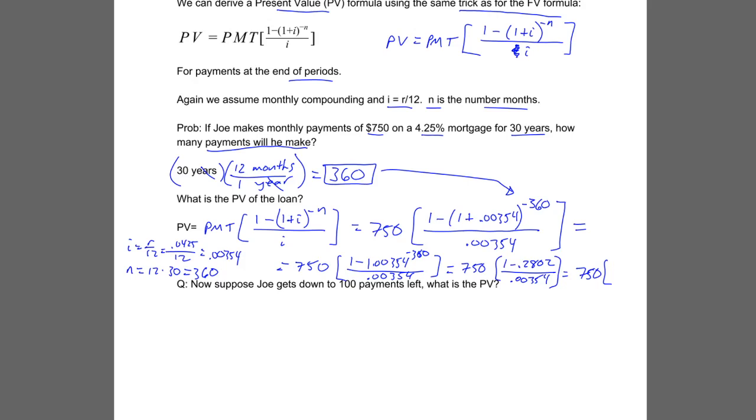If you left everything in the calculator and did it just right, you'll get a little more precise answer than mine. But I'm rounding here in the calculator so that all my numbers match up in case you want to recheck any one step. And so divide those two, and we'll have 750 times whatever that is, 0.7198 divided by 0.00354, which is 203.33.